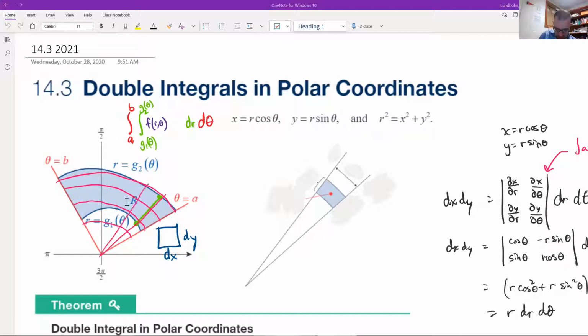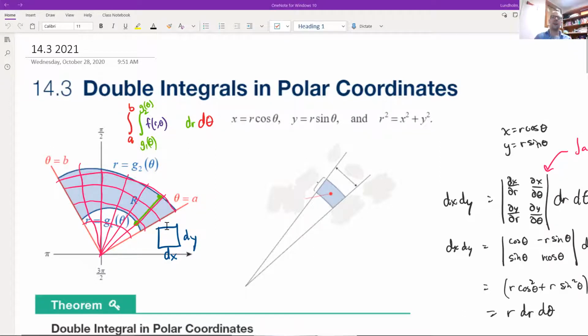So as we're doing this, we're cutting things into polar coordinates rather than rectangular coordinates. And the shapes of these things, which I've got one pulled out over here, are not necessarily rectangular. They're portions of a sector of a circle.